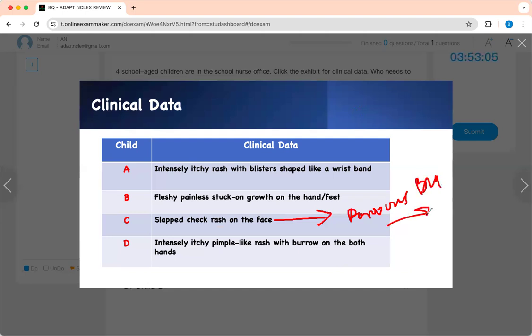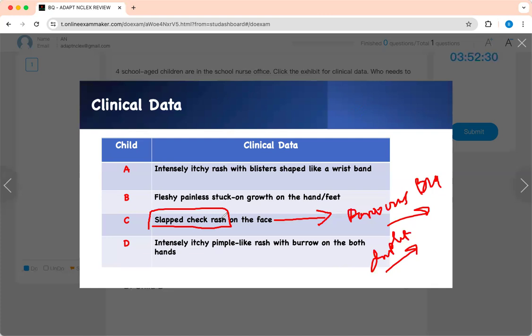Why? Because we all know it's a droplet precaution. But when the individual has the rash, the presence of the slapped cheek rash makes it not. If you see the rash, that means the patient is not contagious. The good thing is most of the time we can diagnose it. They have prodrome symptoms that nobody knows, like any other cold. That's when they're infectious.